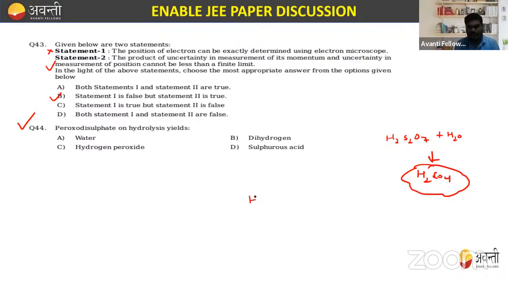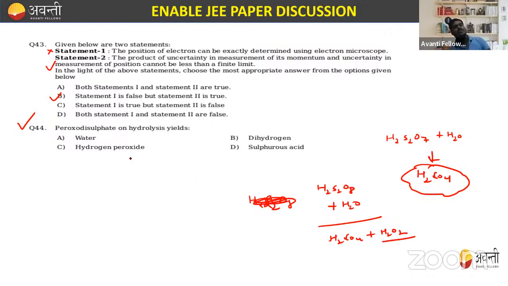On the same basis, they are asking about peroxydisulfate. This is the oleum H2S2O7. What is the formula of peroxydisulfate? That is H2S2O8. When we hydrolyze this, what do we get? We get H2SO4 plus H2O2, that is hydrogen peroxide.